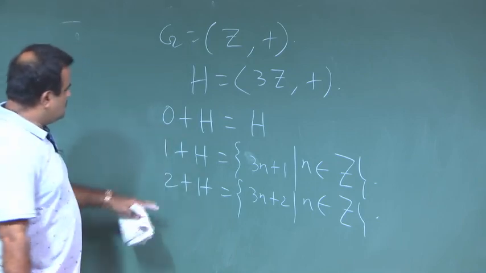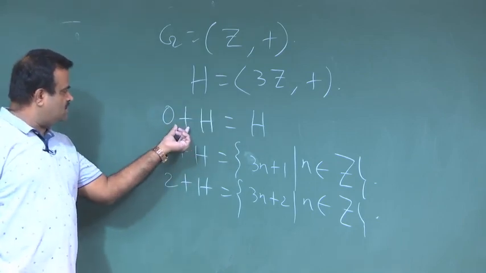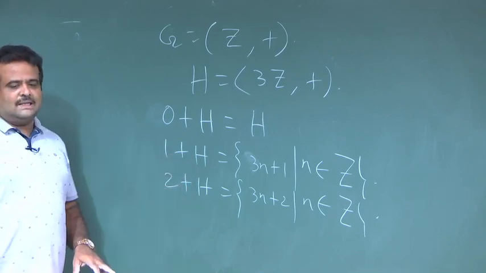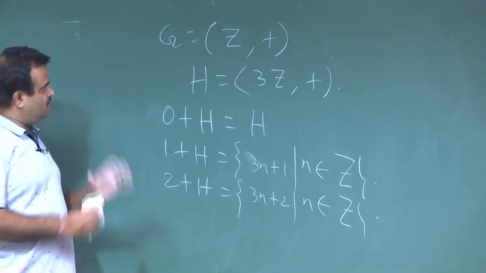So, this is in the additive sense, that is why it is in this form. Otherwise, in the multiplicative sense it is 2H, 1H like this. So, this is one example.